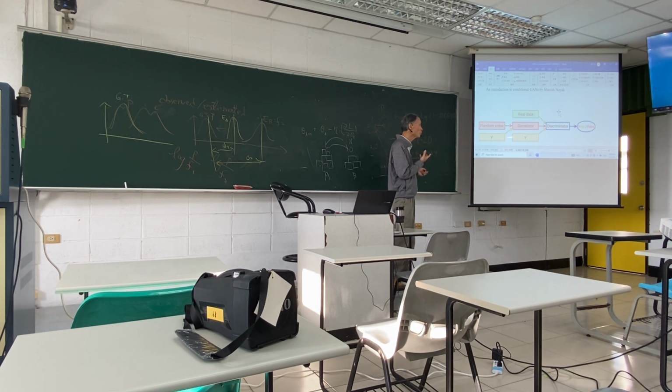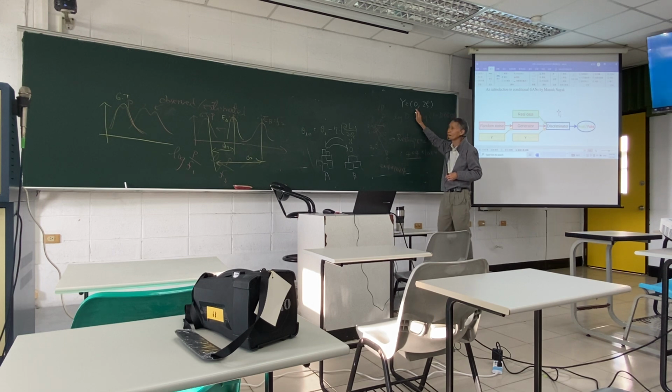So Y could be 0 and 25. It means the face you are going to generate, 0 could be female, and the age is 25.